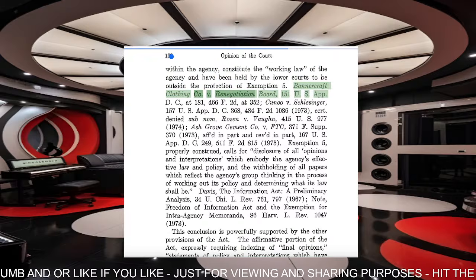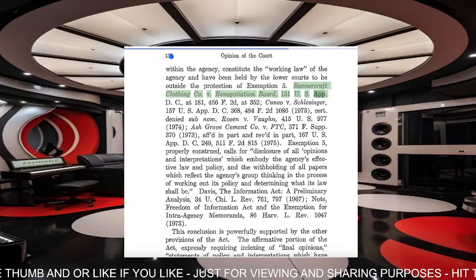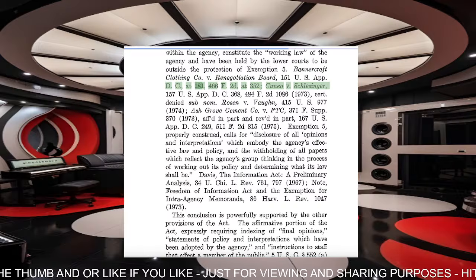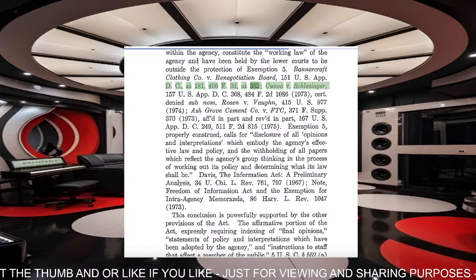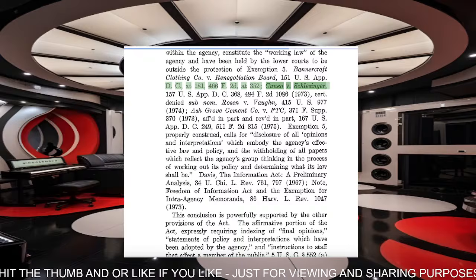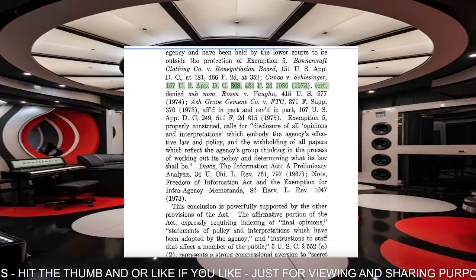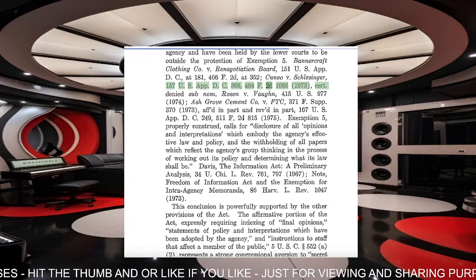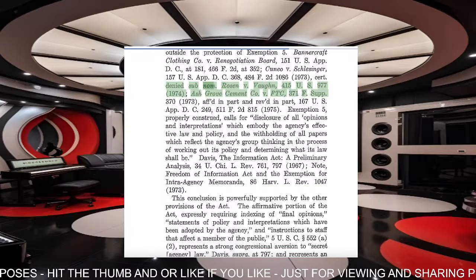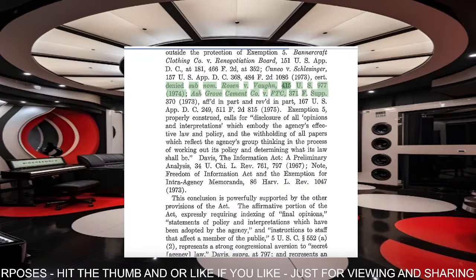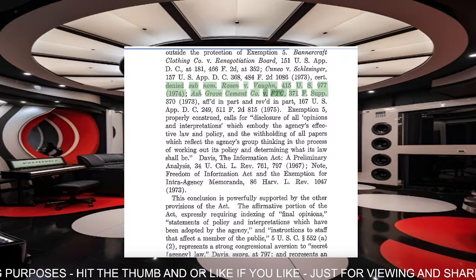Bannercraft Clothing Co. v. Renegotiation Board, 151 U.S. App. D.C. at 181, 466 F.2d at 352; Cuneo v. Schlesinger, 157 U.S. App. D.C. 368, 484 F.2d 1086, cert. denied sub nom. Rosen v. Vaughn, 415 U.S. 977; Ash Grove Cement Co. v.